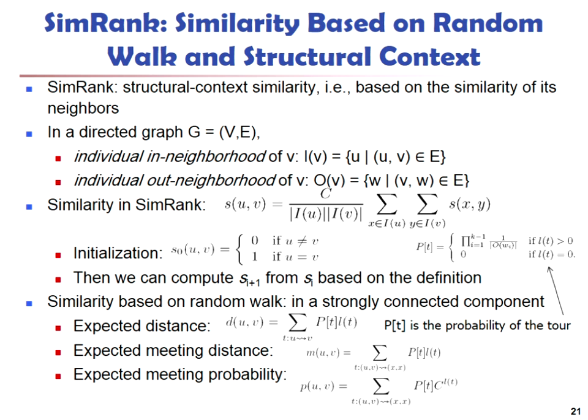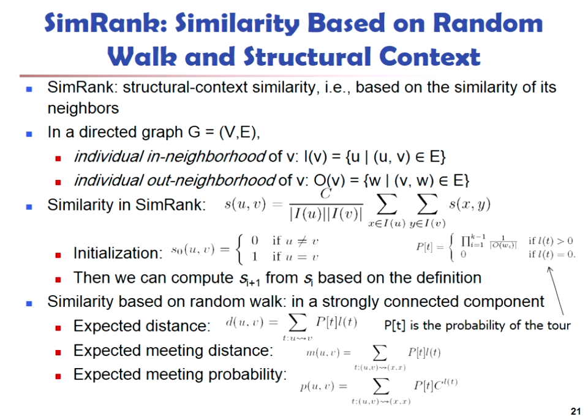SimRank is the abbreviation of similarity based on random walk and structural context. SimRank is a structural context similarity based on the similarity of its neighbors.